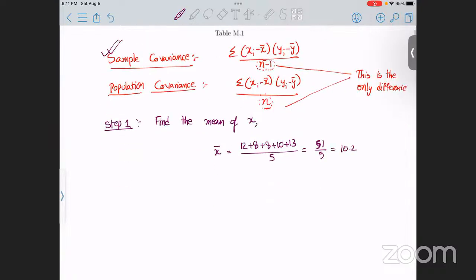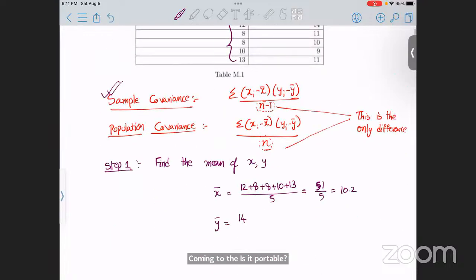Coming to the mean of y, y bar equals 14 plus 11 plus 10 plus 9 plus 11 divided by 5. 14 plus 11 is 25, 35, 35 plus 20, 55, divided by 5 equals 11.